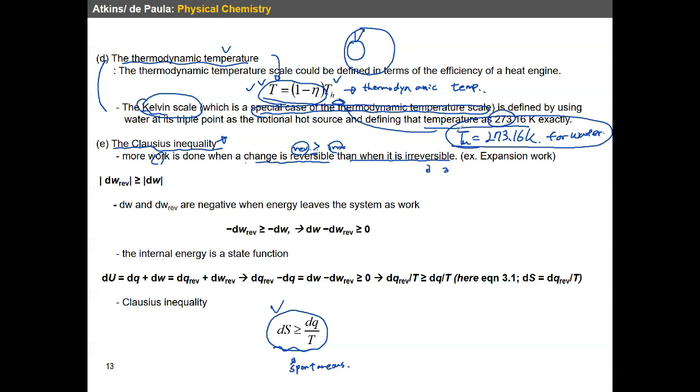So that's why not 100% of the energy can be used for work, but the reversible change is a back and forth change of a system. So the amount of work should be larger for the reversible change than the irreversible change. So we can say dW reversible is larger than dW, right?